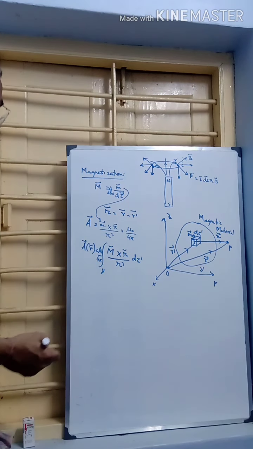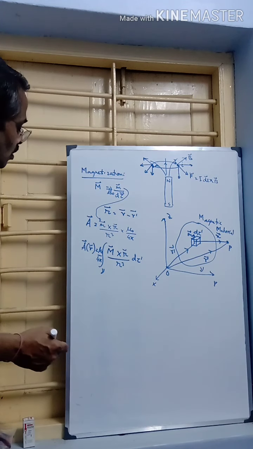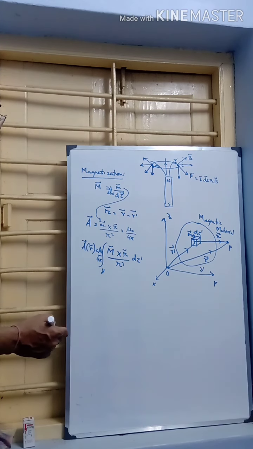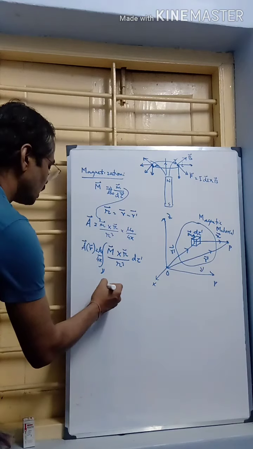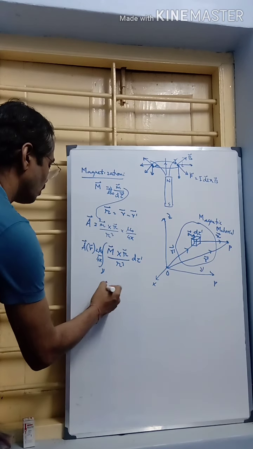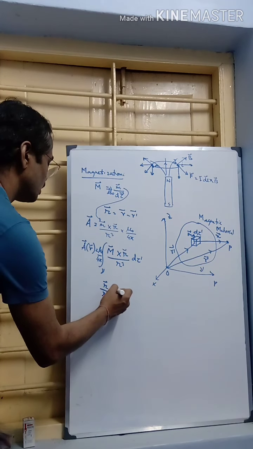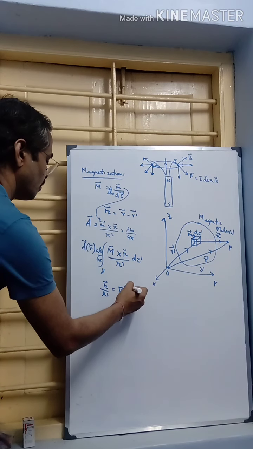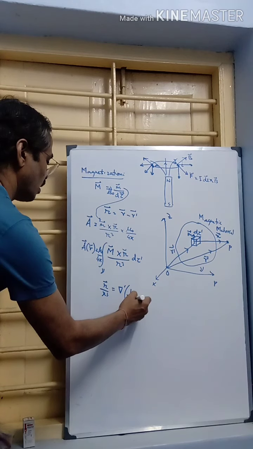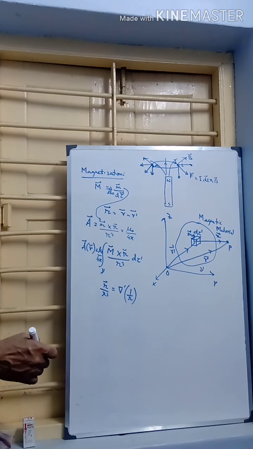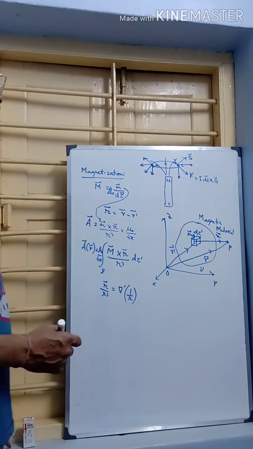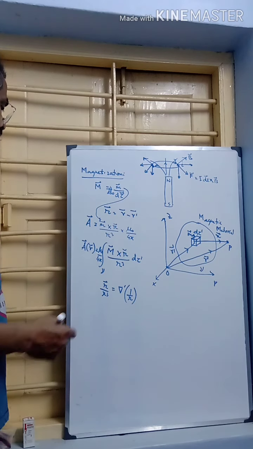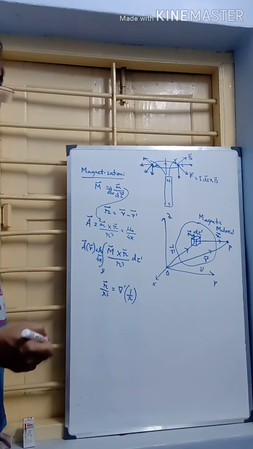Now, how can we evaluate this M cross curly r by curly r cube? We know that curly r by curly r cube is nothing but grad prime of 1 by curly r, where grad prime is the gradient with respect to the source coordinate. That's why we didn't put a negative sign.